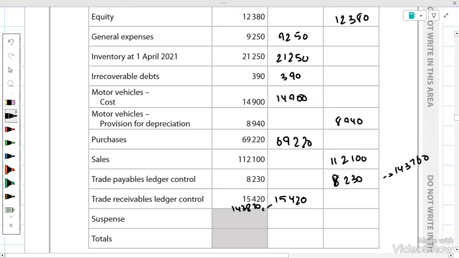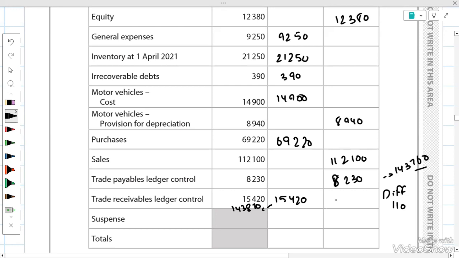Okay, so we have a balance on the debit side, which is 143760, and on the credit side we have 143870. So it means that the difference is basically 110.